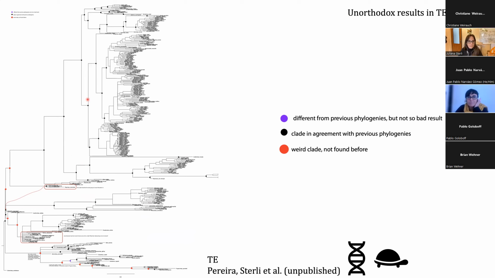As we can see here, these are not published data. These are analyses that we are working on with Danieli Pereira. And in here you can see the total evidence analysis, where in black are the clades that are in agreement with previous phylogenies, but in the base of the tree we can see, in red, these weird clades not found before.